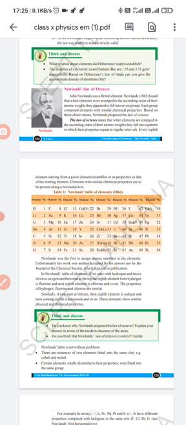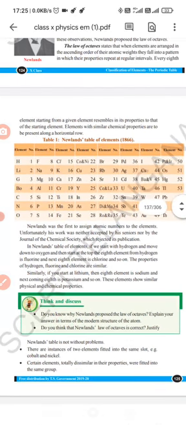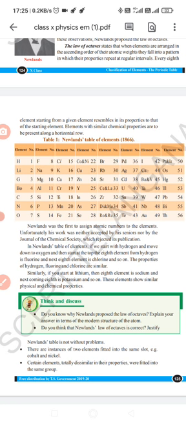In Newlands' table of elements, if we start with hydrogen and move down to oxygen and then start again at the top, the eighth element from hydrogen is fluorine, and the next eighth element is chlorine, and so on.